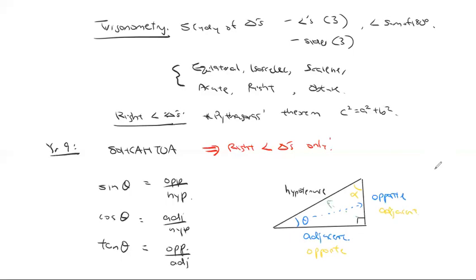In year 9, these are not so-called trigonometry. I mean, it's part of trigonometry, but it's really what's called trigonometric ratios, because after all, these are all ratios. So sine, cosine, and tangent are ultimately trigonometric ratios.